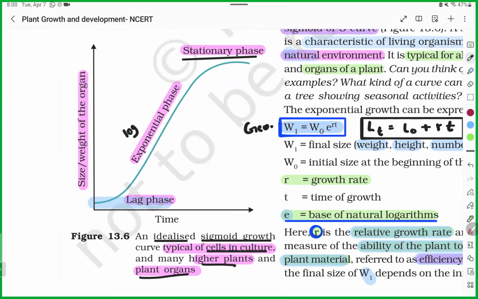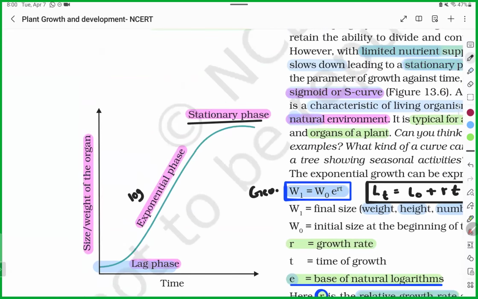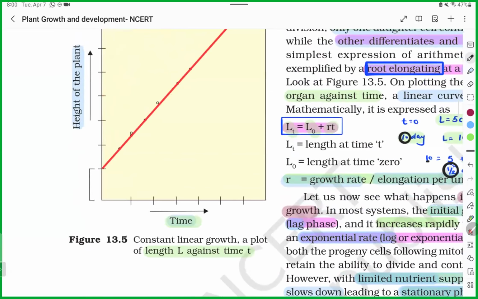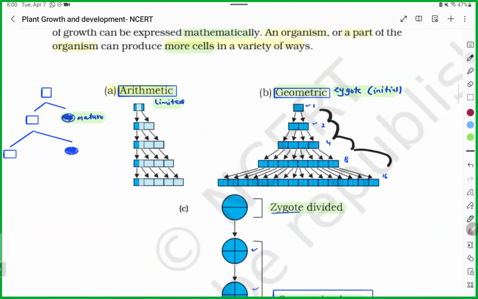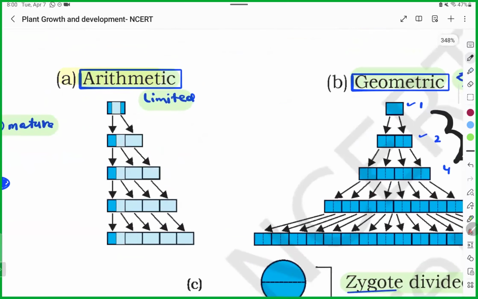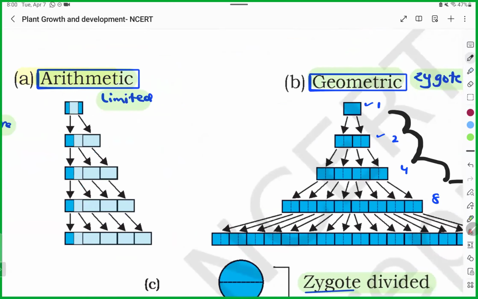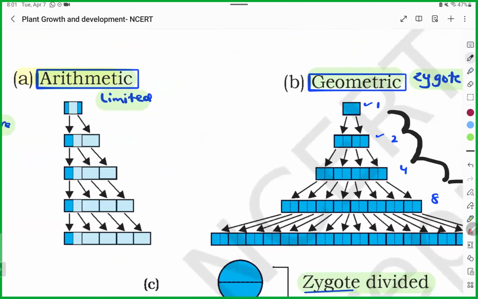For most things, this is the best graph. Correct? This is for length or height, the length of the root or height. Height increases slowly, length increases slowly. Correct? And these are the two curves. Arithmetic, slow division. Geometric, doubles every time.